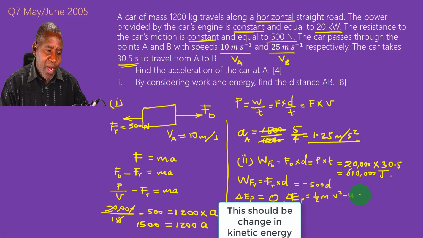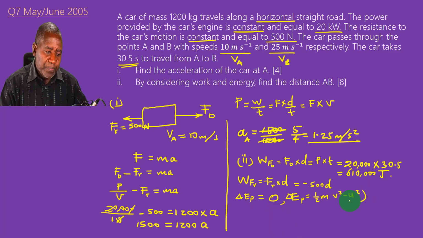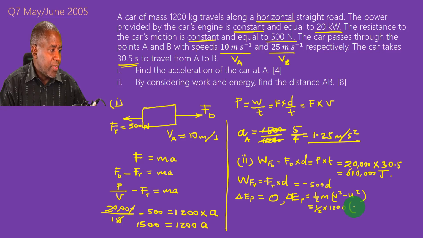So I can have these two in the brackets there, and I have a half. The mass is 1200 kg. The speed at point B, which is the final point, is 25, and that 25 is squared. The speed at the initial point is 10 squared.